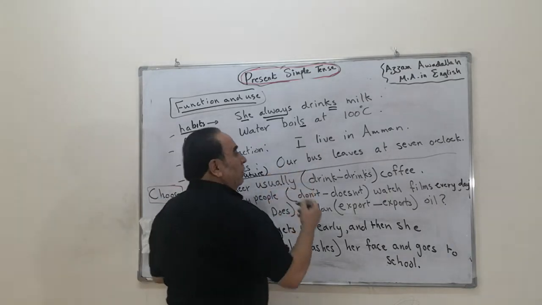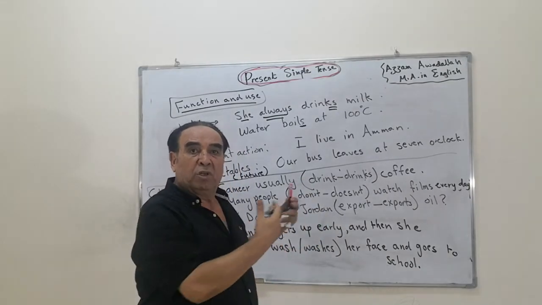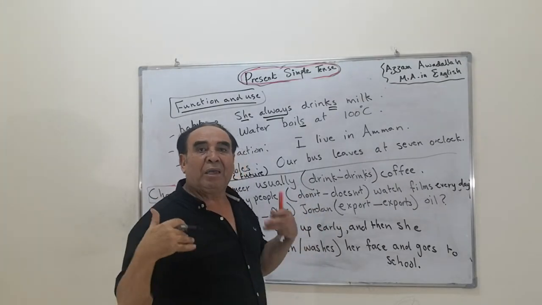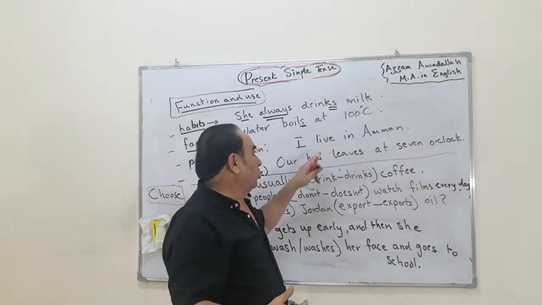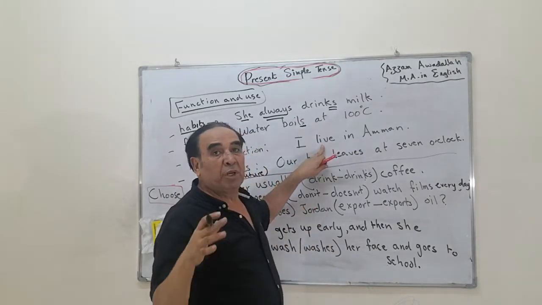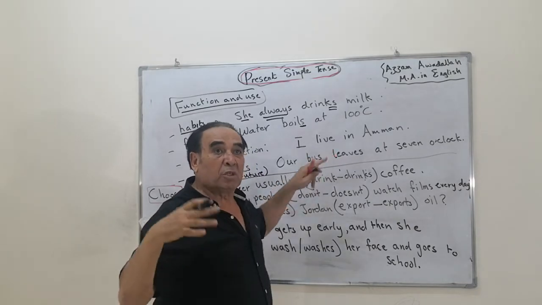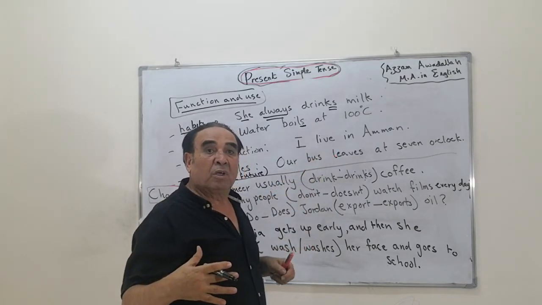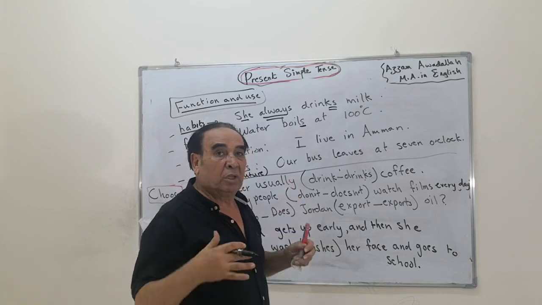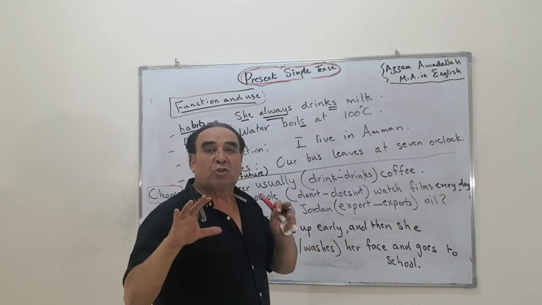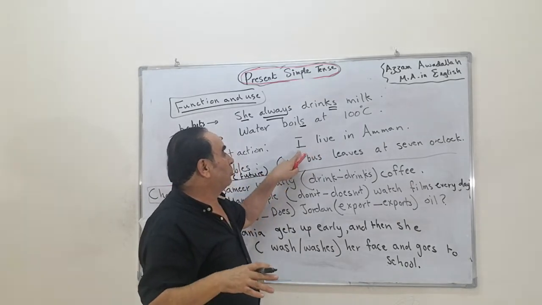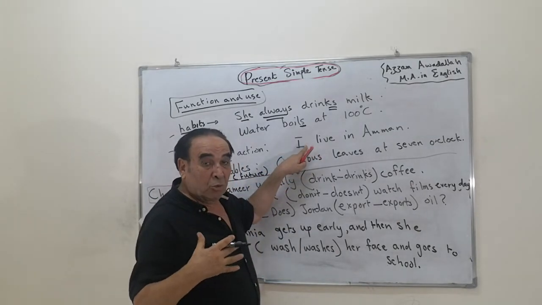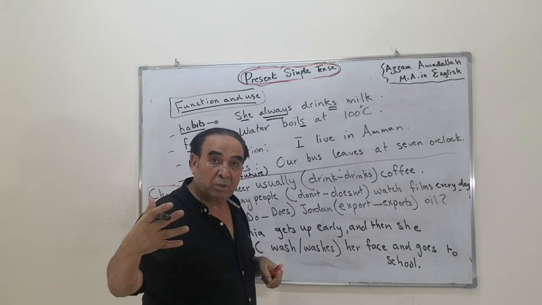I live in Amman means that I lived there yesterday and I'm living there now and I will live there tomorrow. So this is permanent. Permanent means something that isn't changing. It's true about the speaker. I live in Amman, it's true about I, the person who talks.